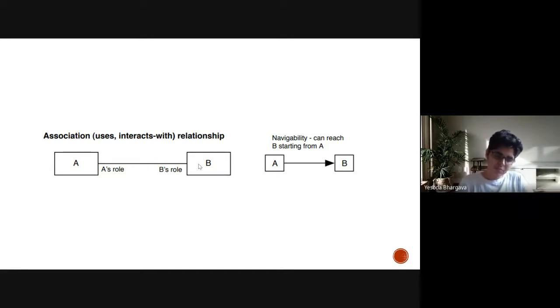There are no fixed protocols, but many examples that you see of class diagrams will all look similar. When you go deeper, there will be some minor changes between each of the class diagrams. There's another important concept in class diagrams, that of navigability. When you introduce a solid arrow, it shows that when you start from A, you can actually reach B. So it is not only showing association, but also a bit of flow in the class diagram.